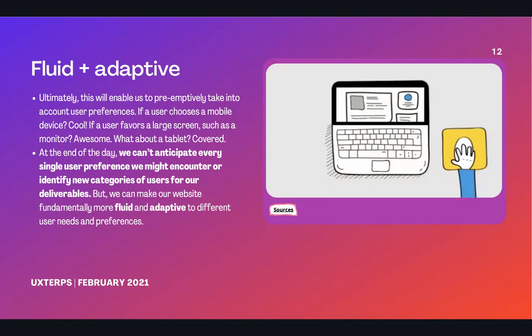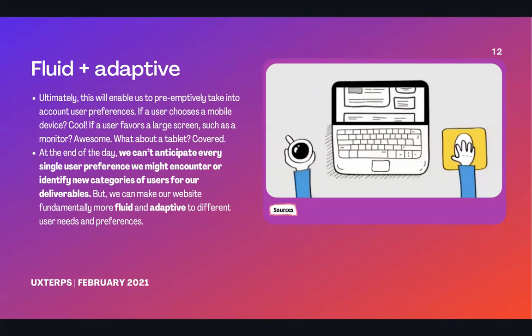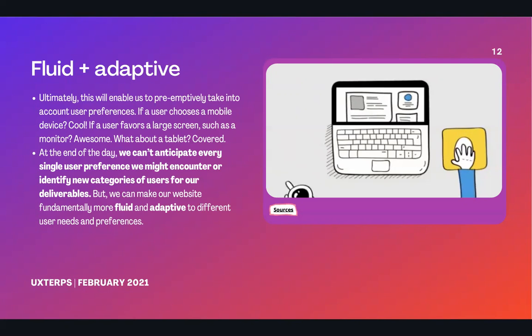So if a user is choosing a mobile device, we want to say, cool, that's great. I'm going to create a new design based on the previous one that I've made, maybe for web, that adapts to you. But then if a user favors an extra large screen, maybe it's on a monitor, we also want to say awesome and encourage them to sustain that preference. And then if it's a tablet too, we want to say we've got you covered.